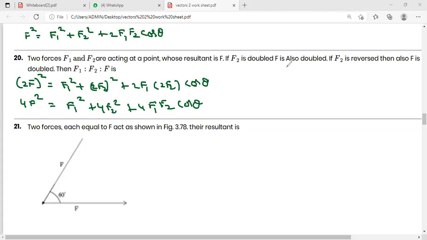And next one, if F2 is reversed, then also F is doubled. F2 is reversed, F is doubled again, in the sense 4F square. This is equal to F1 square plus F2 square minus 2F1 F2 cos theta.